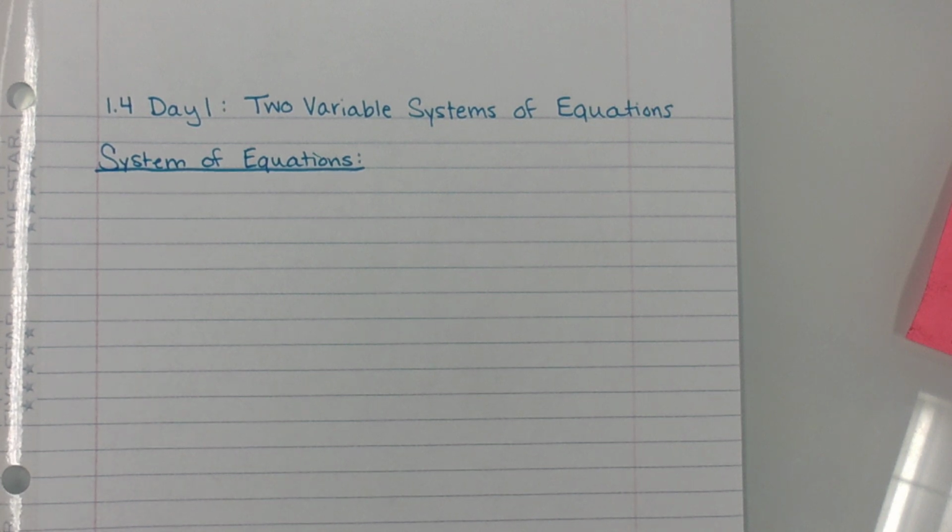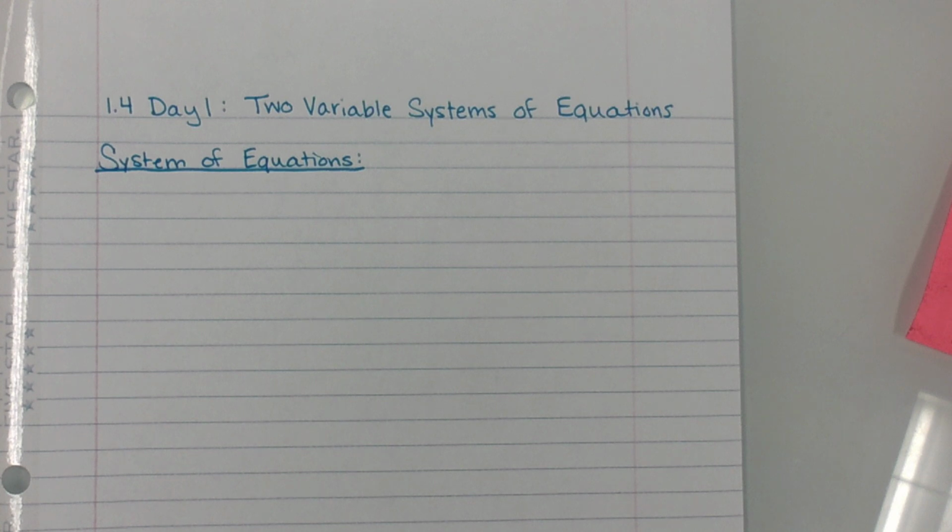What's it mean if you have a system of something instead of just an item? I have a machine versus I have a system of machines. What's the difference? They work together. There is specifically more than one that work together.